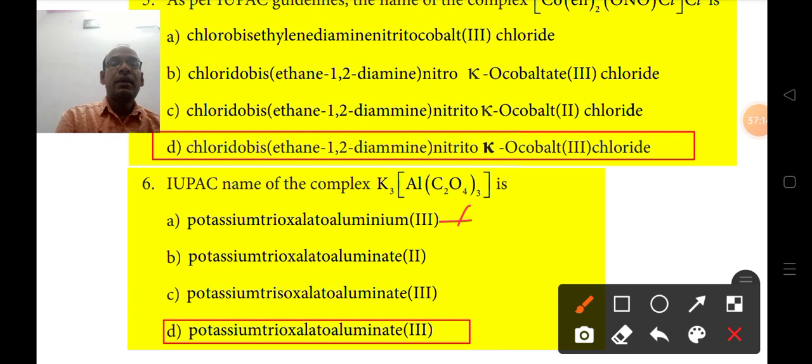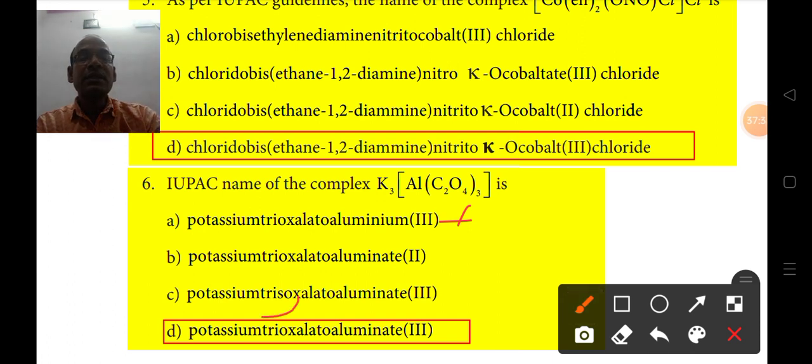Remaining B, C, D, oxidation state in this case. Another notable point, in option C tris is given, therefore option C is also incorrect.